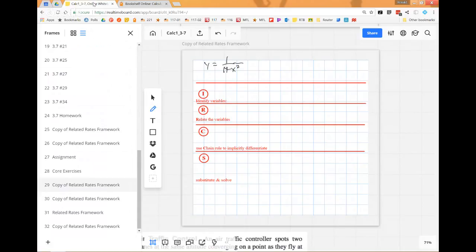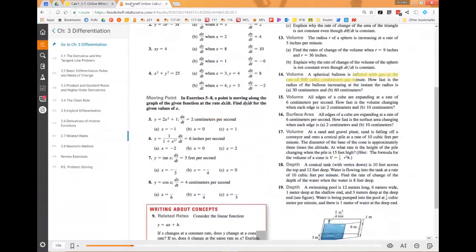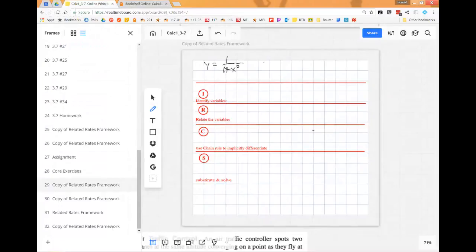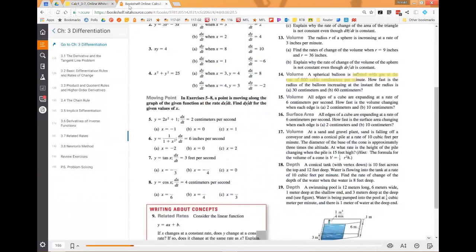Okay, and go back here. It says dx/dt is 6, and then we'll do the first part. x is -2.